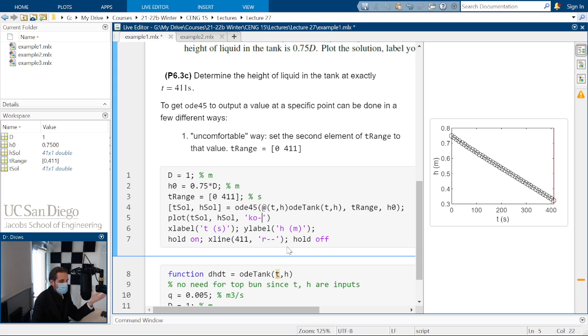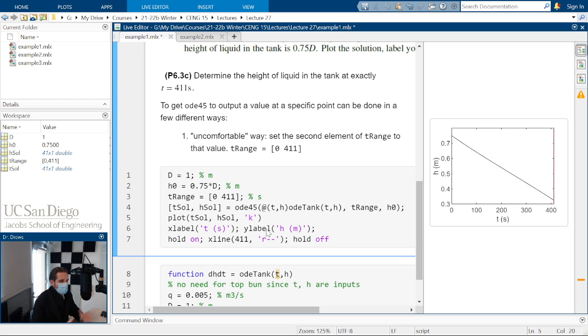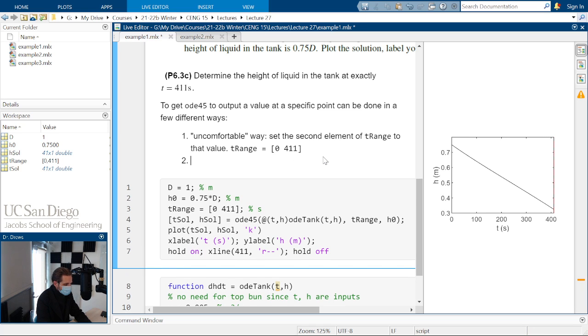On fast-moving ODEs, or I should say ODEs that change very rapidly near the end or the beginning, the points tend to clump up around the end and the beginning, and you can get mild variations. So it's just a little bit weird to change the range of the problem just to know the value in the middle. That's why I say it's a little bit uncomfortable.